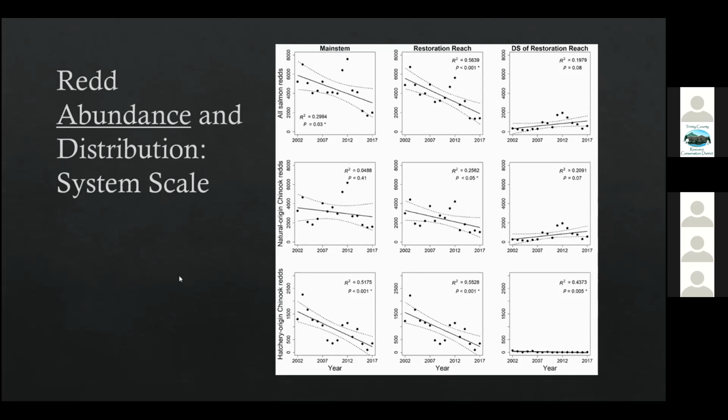I guess the driver of the relationships is the restoration reach, where most of the fish spawn. So if you look at that middle column, you can see over time that we've had an overall decrease in the salmon redds from 2002 to 2017.